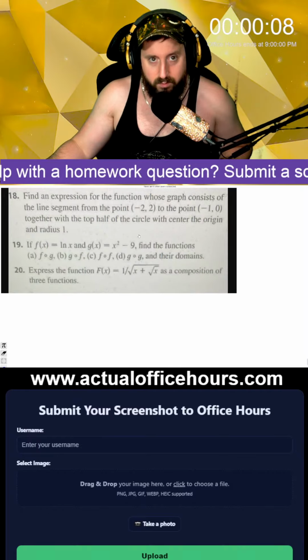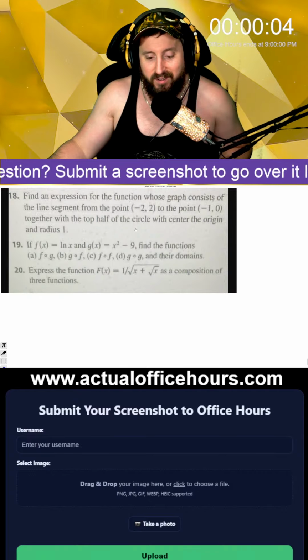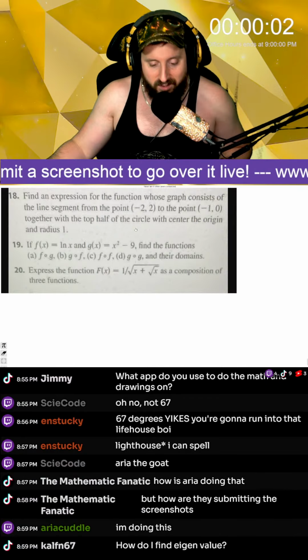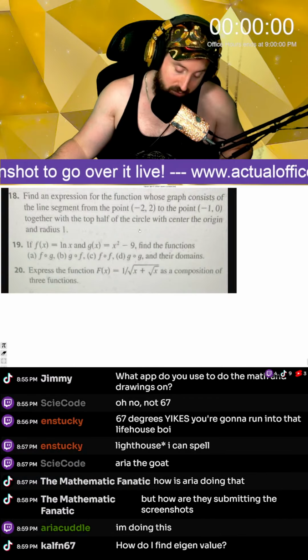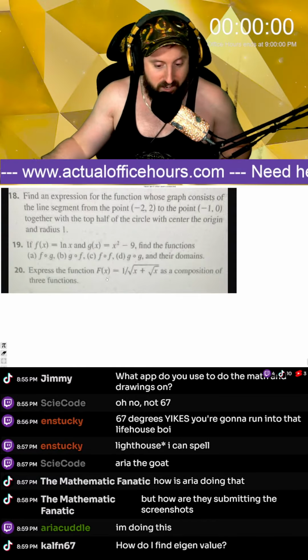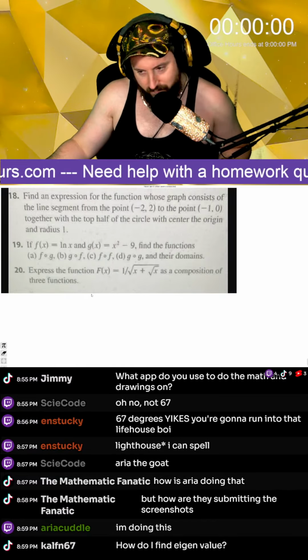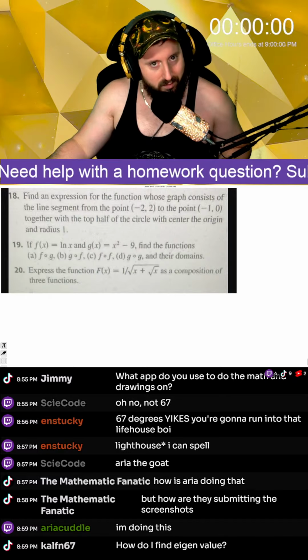Cal says, how to find an eigenvalue? Oh, well, first you have to find the determinant of, what is it, A minus lambda I or something. Yeah, that's how you find the eigenvalues. You set it equal to 0.